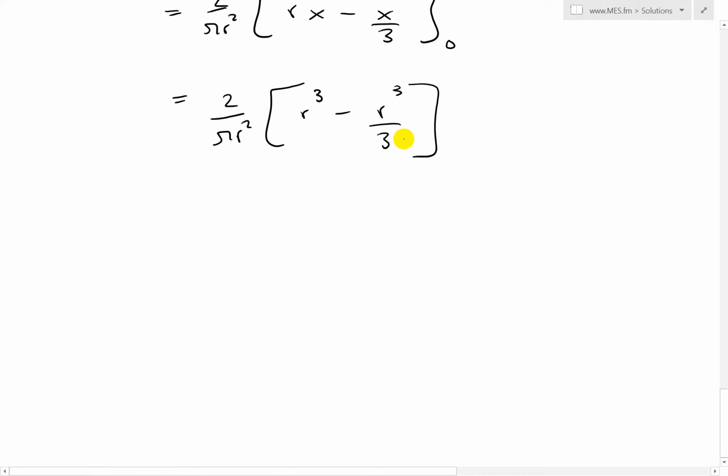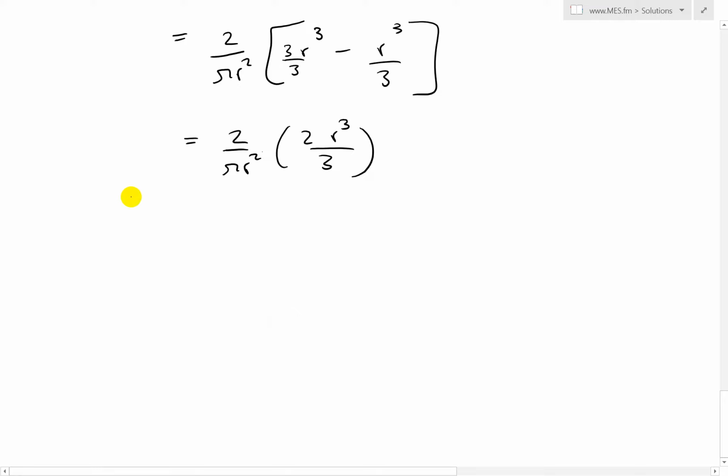So we have this, let's multiply by the common denominator, 3 over 3, so that we get 2 over pi r squared, and then we have 3 minus 1, which is 2, times 2 r cubed over 3. So this r squared cancels with this r cubed, leaving an r, and this becomes 4. So what we end up getting is that the y value of the center of mass is equal to 4 times r divided by pi times 3.